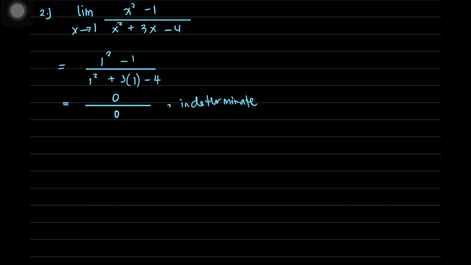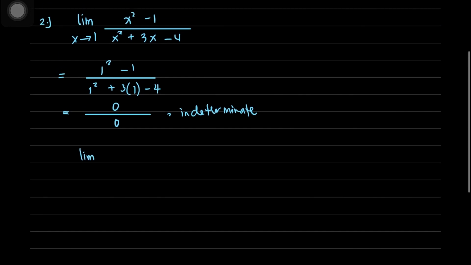If we manipulate this, x squared minus 1 can be factored. That is the difference of two squares, and the factors of x squared minus 1 are x plus 1 and x minus 1.